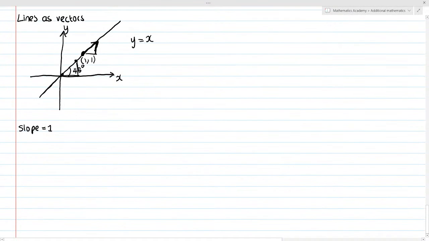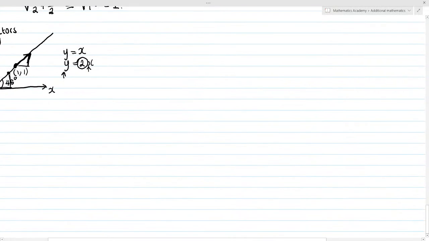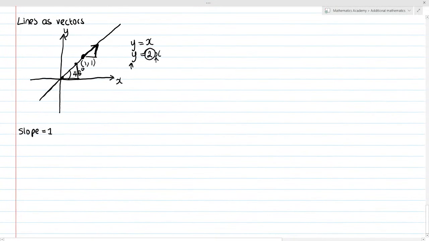We can also see the slope because, if it's y equals 2x, the slope would be 2. That's clear because if we increase x by 1, y increases by 2, because you doubled x. For example, if we went from 0, 0 to 1, 2, we increased x by 1, but we increased y by 2. It's clear here how we get the slope.